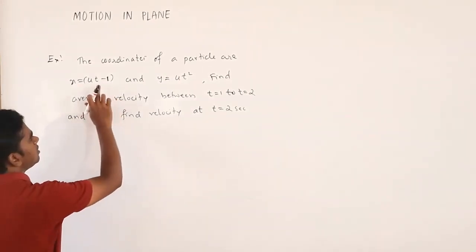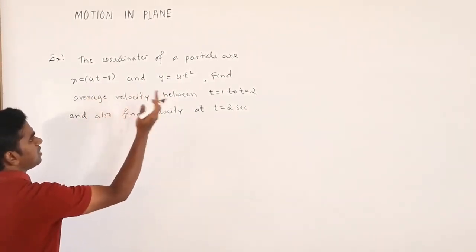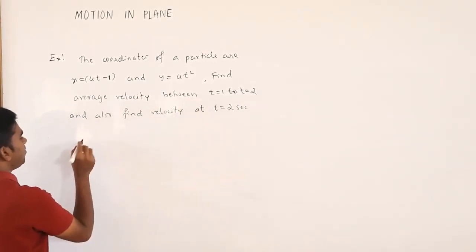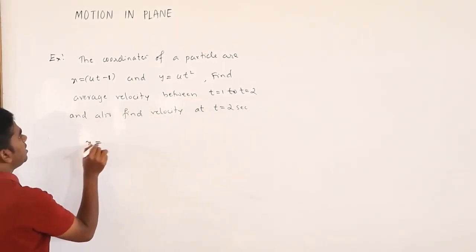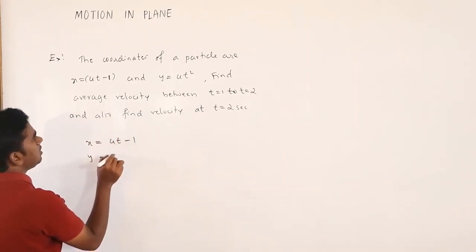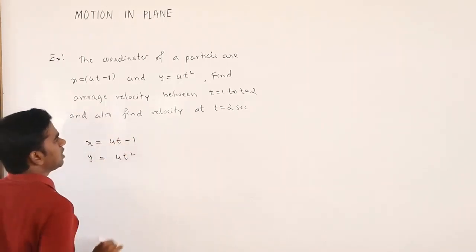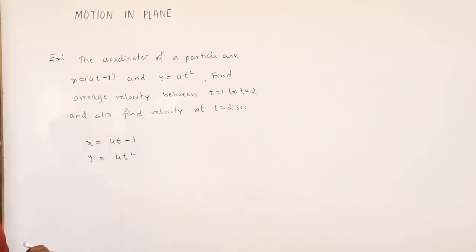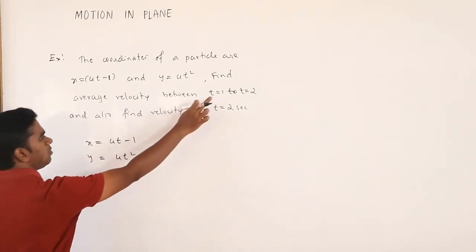Before that, first you have to find the x and y to find the average velocity. x they have given as 4t minus 1, and y as 4t square. So let me find x and y when t equals 1 second.